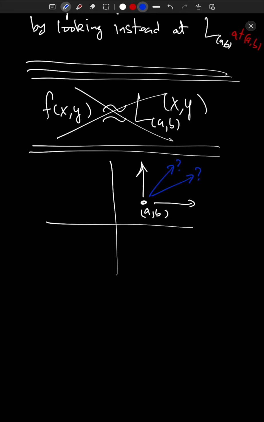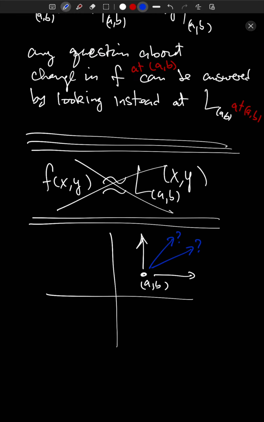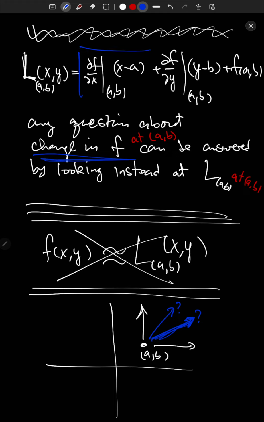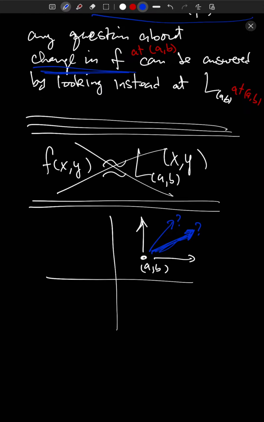At this point, we're going to be able to answer that because, as long as our function is differentiable, any question about the change in f, any question about the derivatives of f, we can just port to a question about L. And L is so simple that things work excellently there.